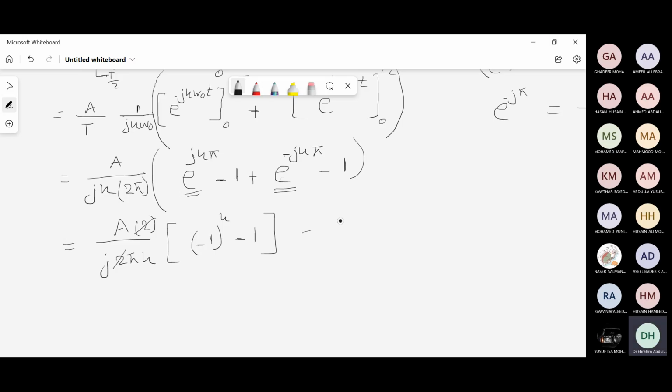So when k is even, this one is positive. So positive 1 minus 1 becomes 0.